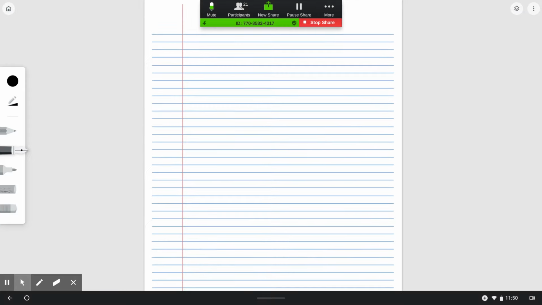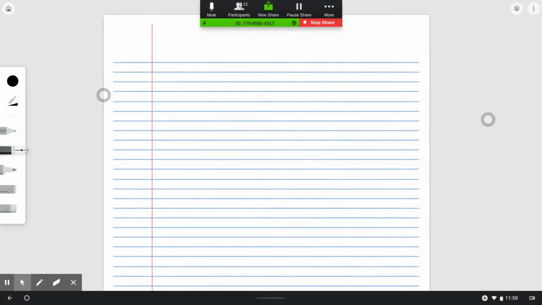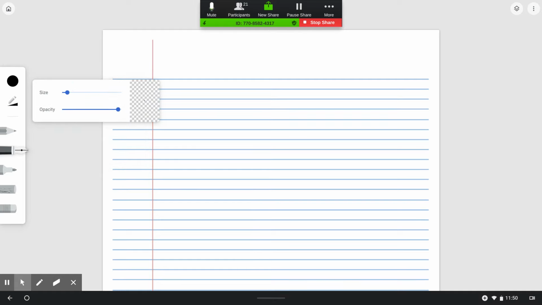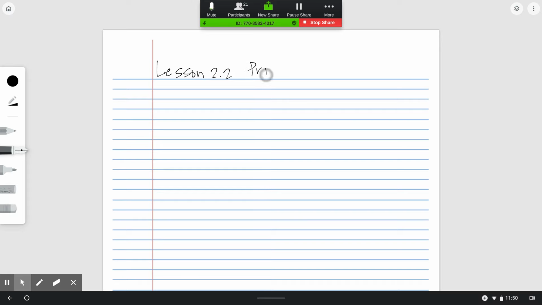This is lesson 2.2. Okay, prime and composite numbers.